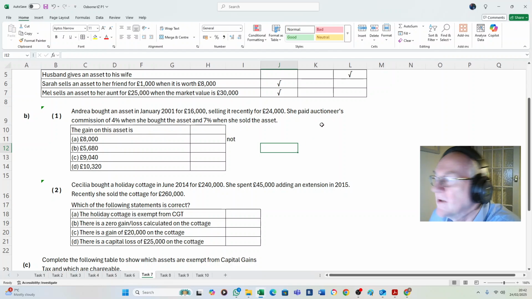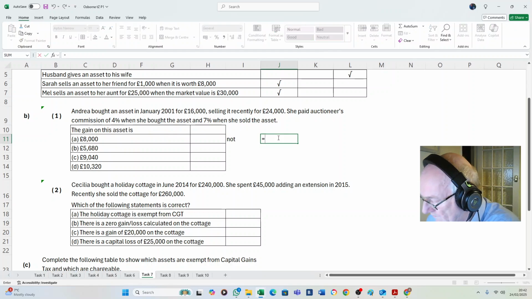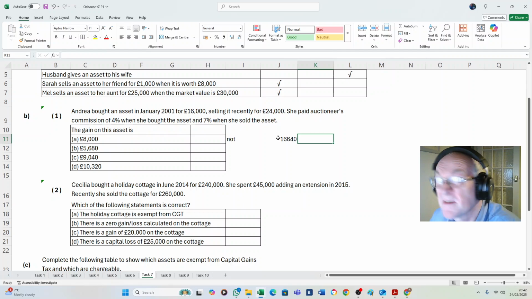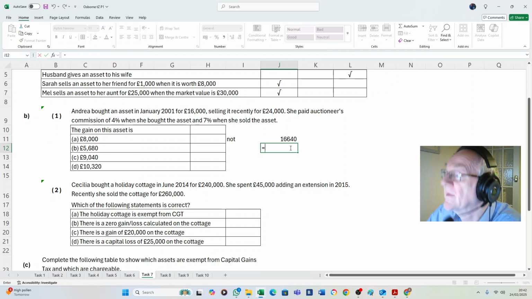So let's do some sums then. She's bought it for 16,000. It doesn't say inclusive, so we'll assume we're going to add it to get 16,640. So that's what she actually paid for it. And then 7% when she sold it has got to come the other way, because she sold it for 24,000, but she's lost 7% of that.